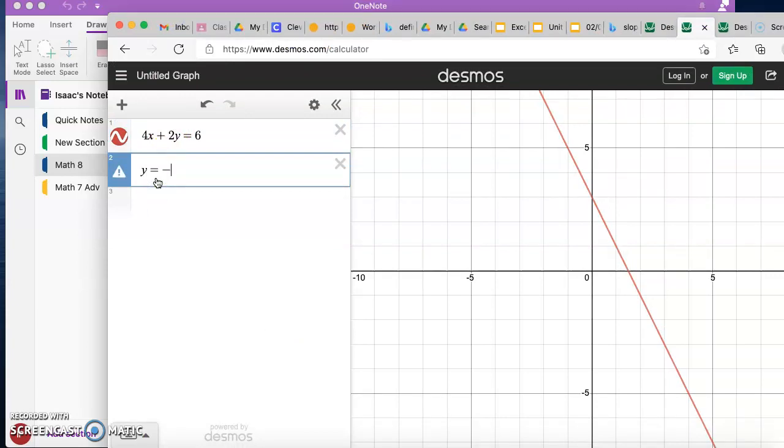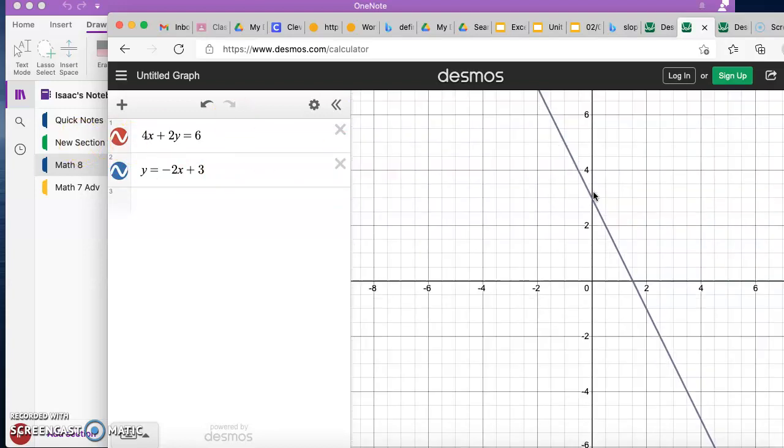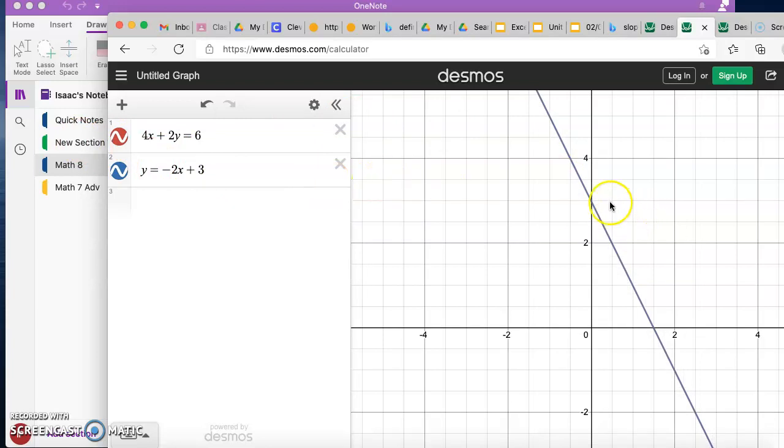Now it looks like the red one disappeared. There's a good reason for that. It's because they're overlapping. They are the same line. It's just written differently. This one's standard form. This one's slope-intercept form. Usually slope-intercept form is a little bit more useful, but we're going to see one example today where standard form could be more useful.